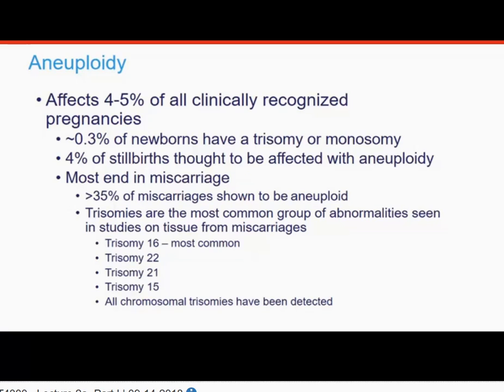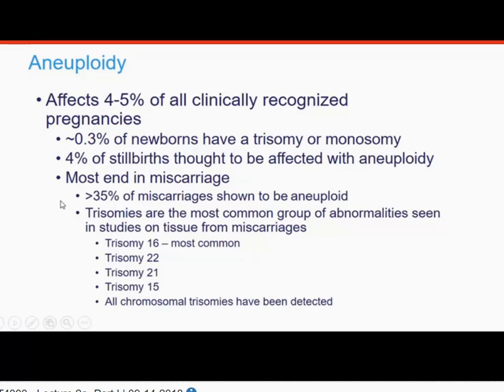About 4% of stillbirths can be affected by aneuploidy, but most aneuploidies end in miscarriage. Looking at overall miscarriage from first to third trimester, greater than 35% are shown to be aneuploid. The vast majority are lost in the first and early second trimester.